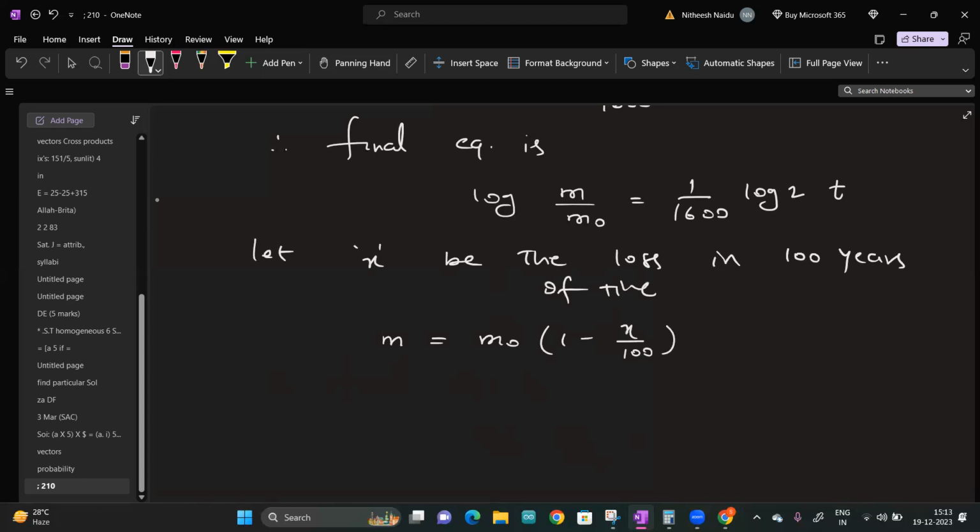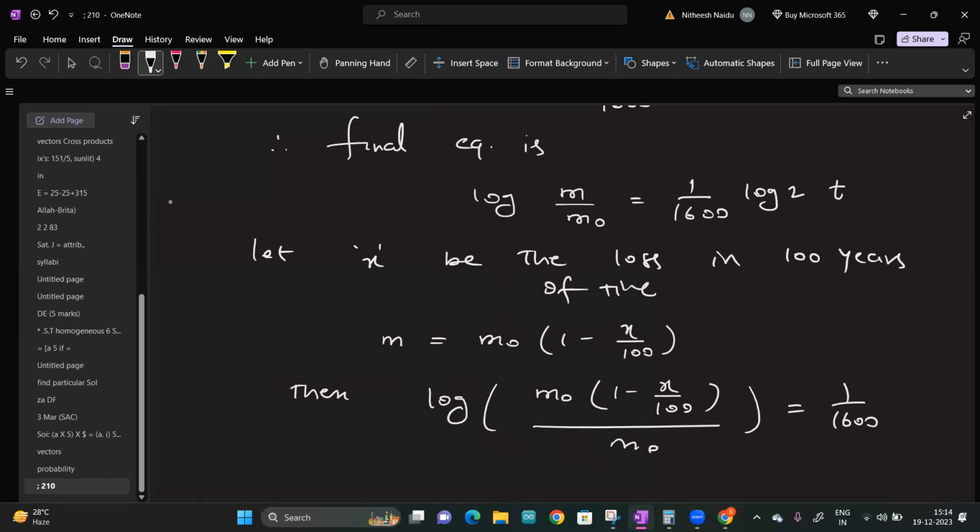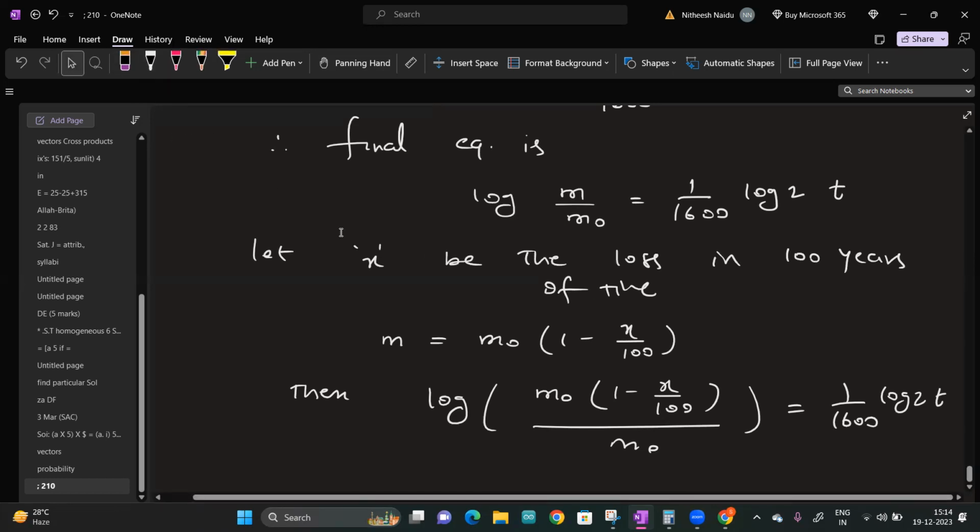Then log of M naught into 1 minus X by 100 divided by M naught is equal to 1 by 1600 into log 2 into T. T value will be 100 years, the time over which we have the loss of mass.